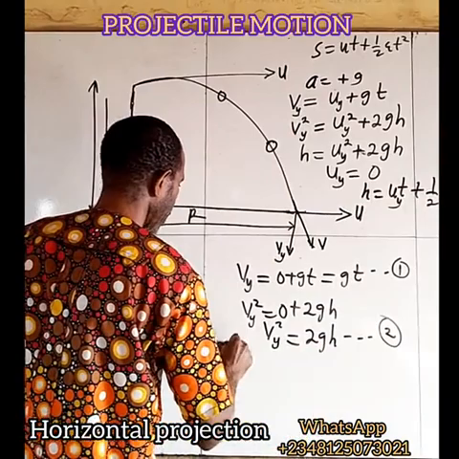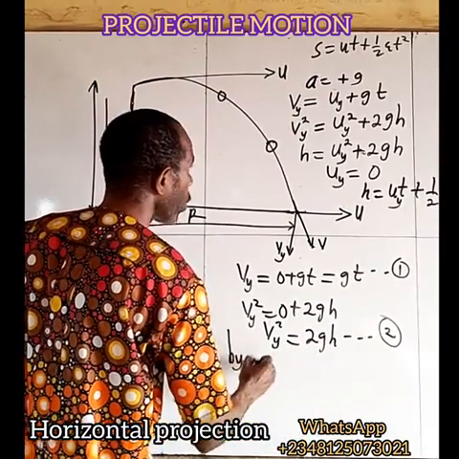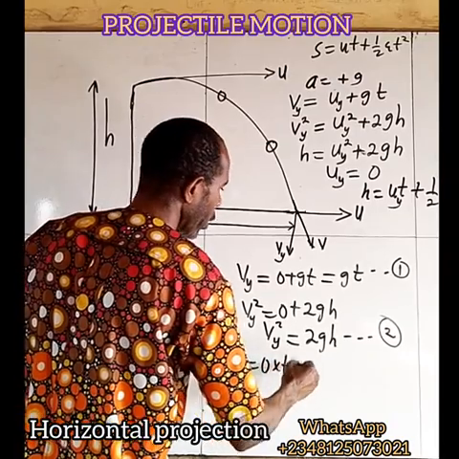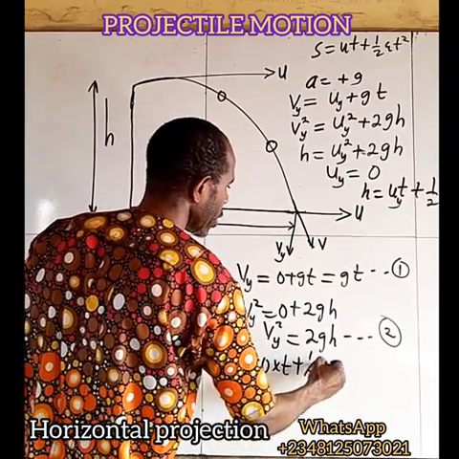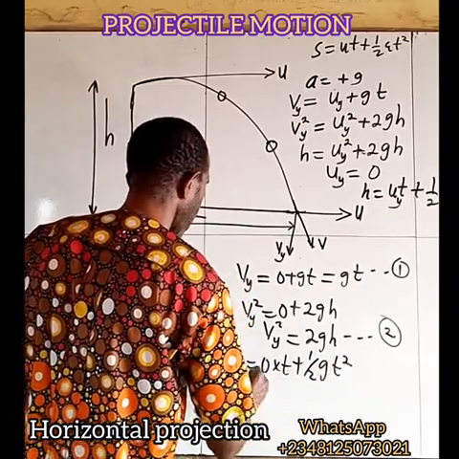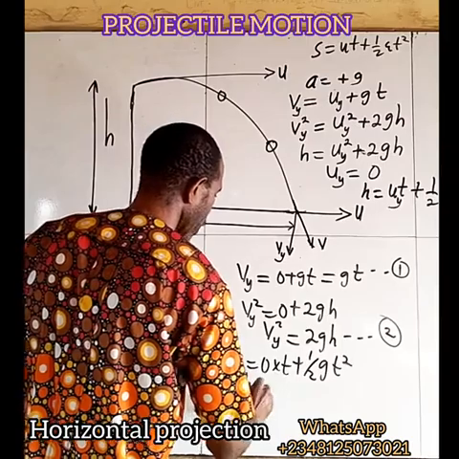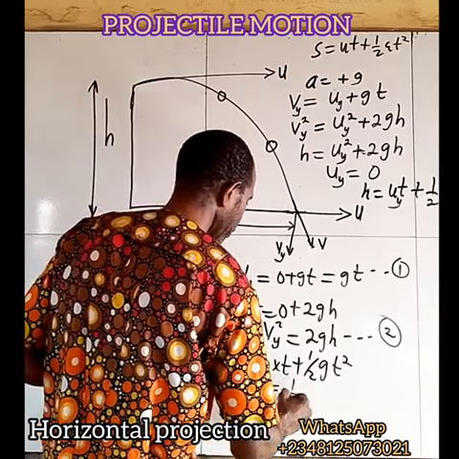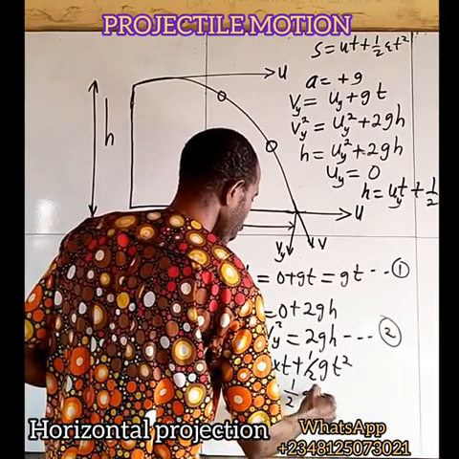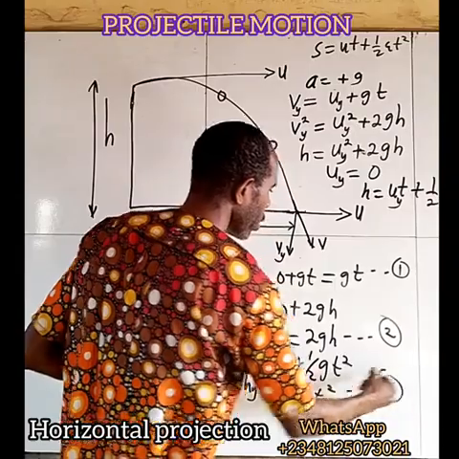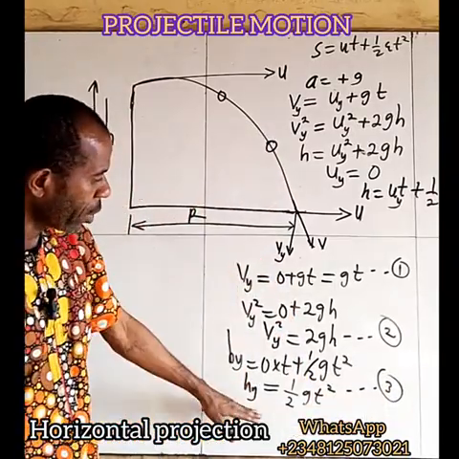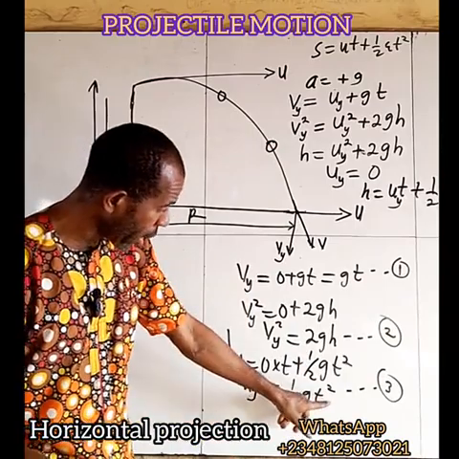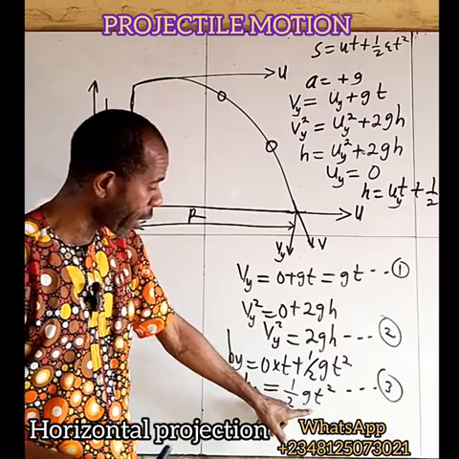Now the vertical velocity uy is 0, so we place 0 there, then plus half gt squared. Then h, that is the vertical distance, equals half gt squared. So this becomes our equation 3. Remember, this equation is what we normally use to determine the time of flight for this horizontal projection.